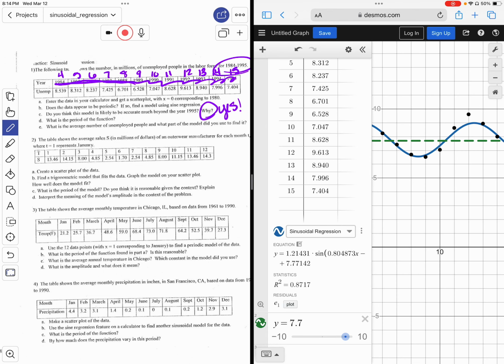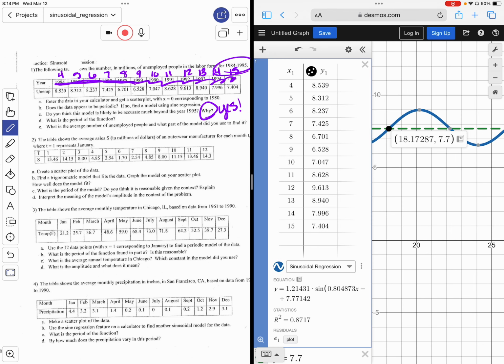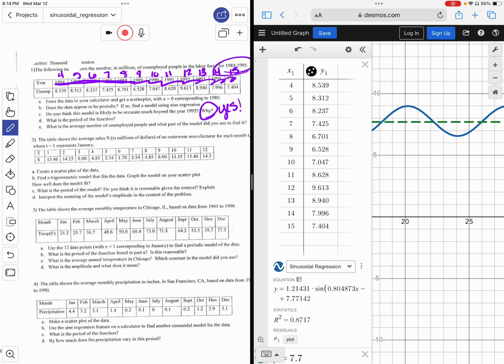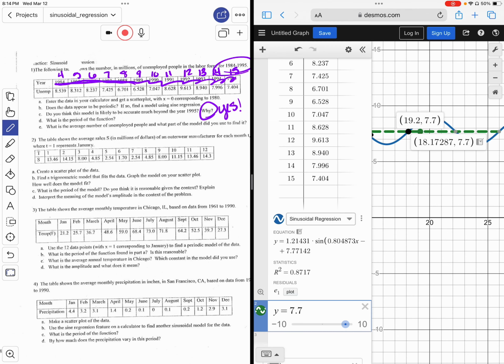Okay, there's a lot of points going on, so I'm going to go to a nice clean space. So here is my midline at 18, when x is 18, and I'm going to go through one hill and one valley. Scrunch it down just a little bit. So one hill and one valley.